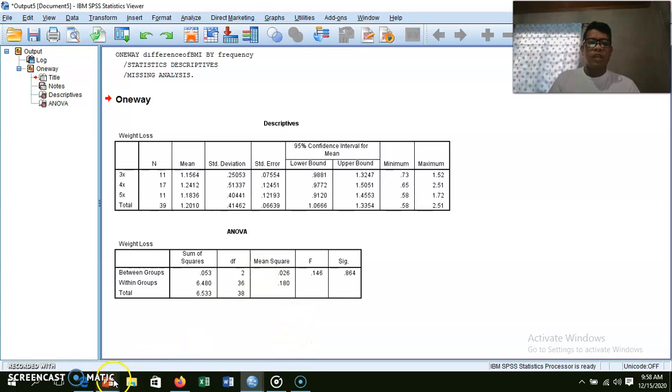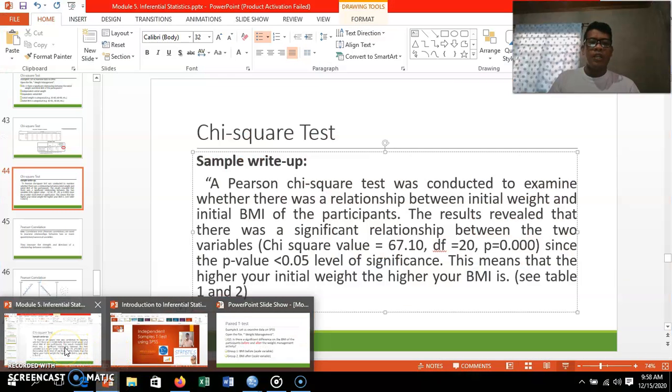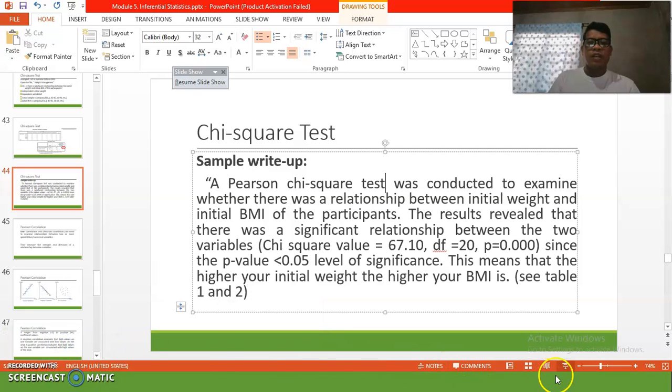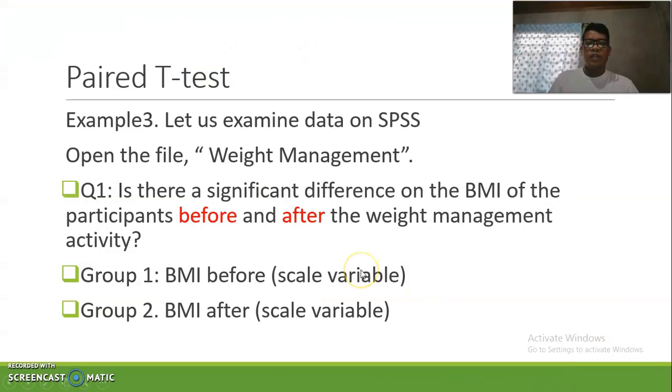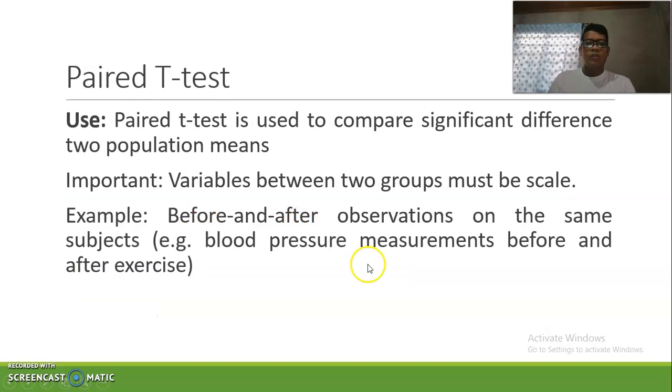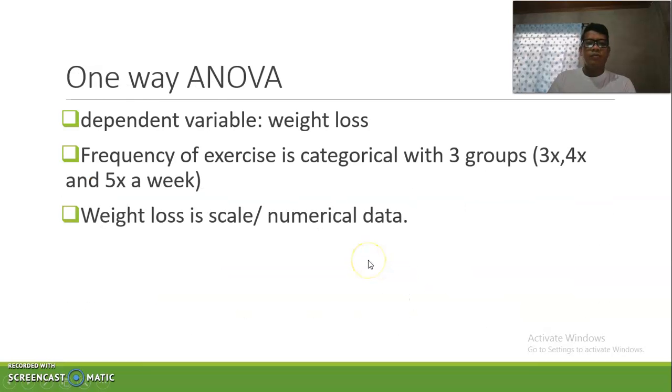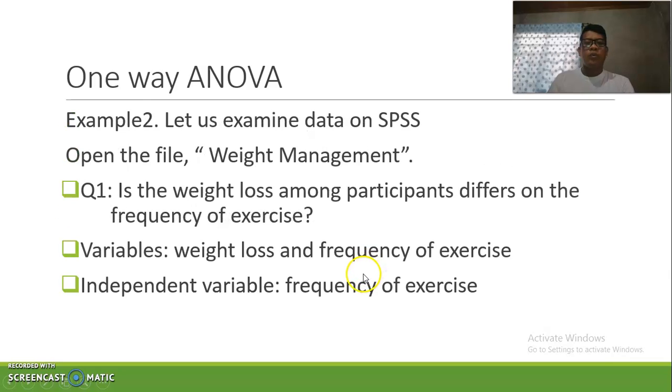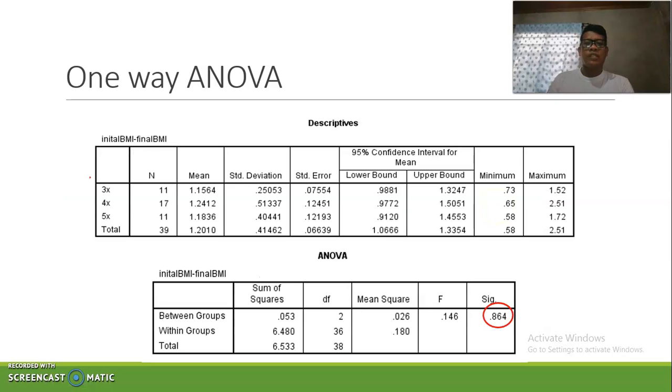Now let us interpret the result of our data. Our question a while ago was whether weight loss among participants differs on the frequency of exercise. Since our p-value is greater than 0.05 level of significance, there is no significant difference.